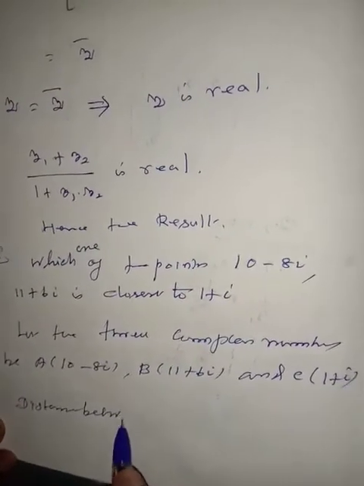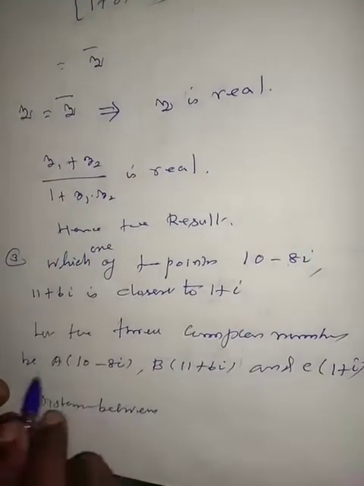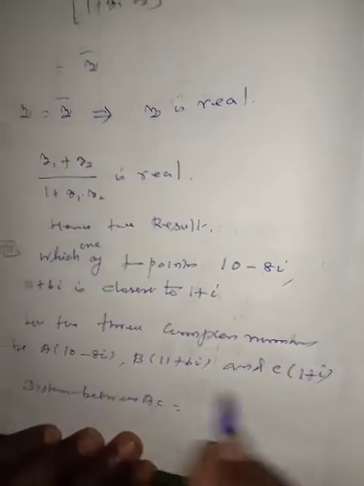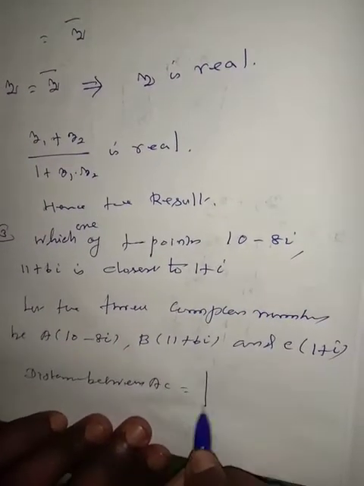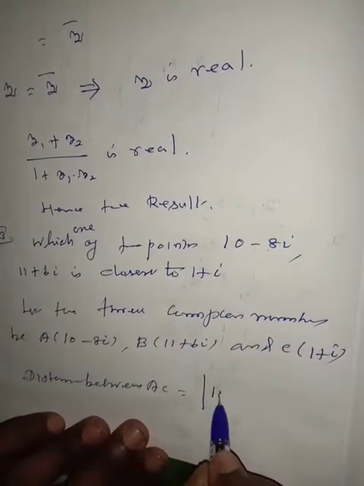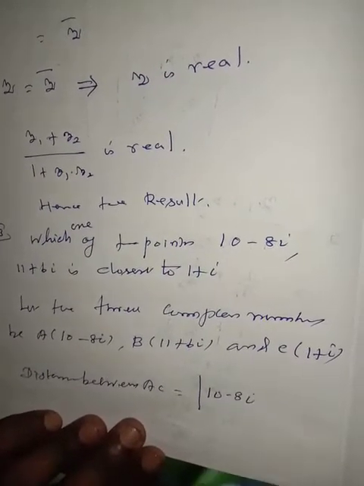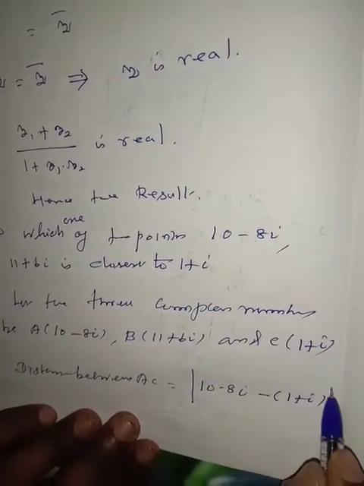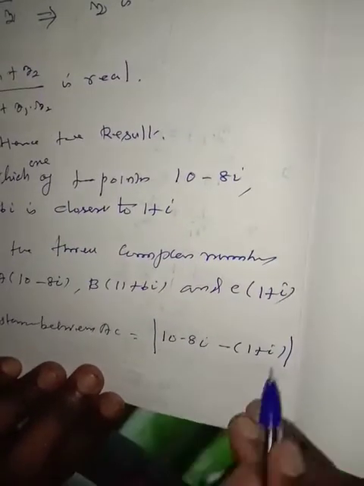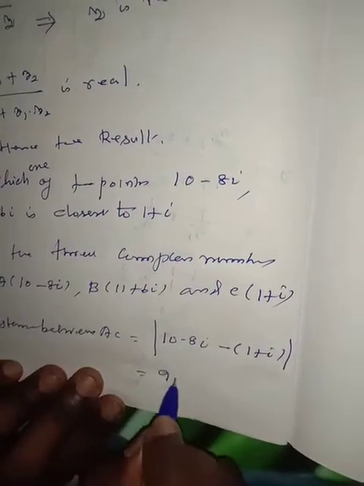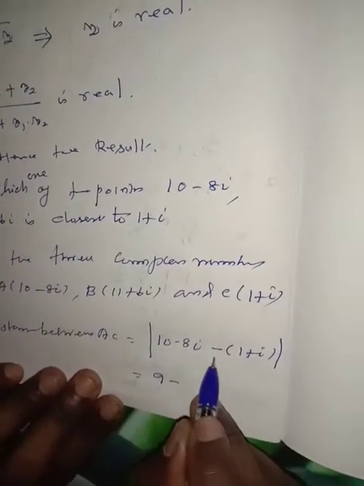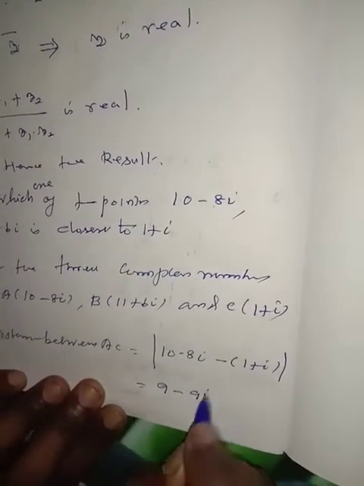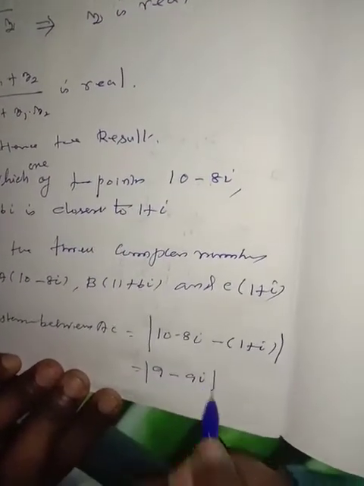First, AC means there are two complex numbers A and C. So modulus of (10 minus 8i) minus (1 plus i). 10 minus 1 is 9, minus 8i minus i, therefore minus 9i.